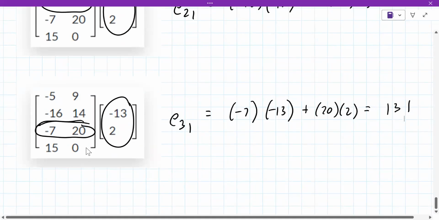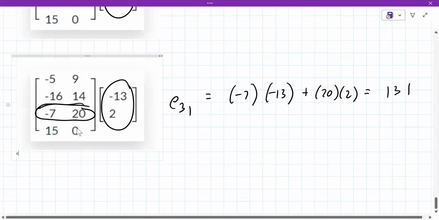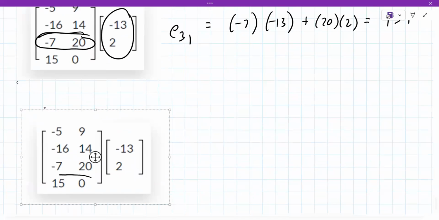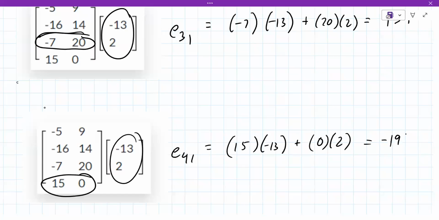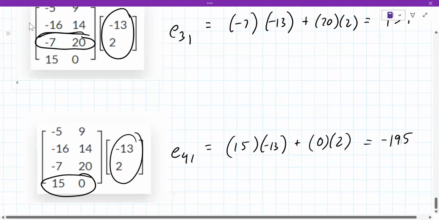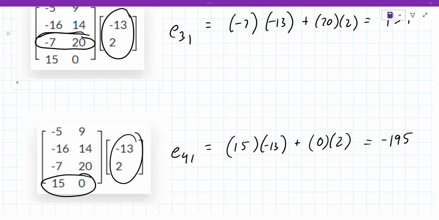And then finally, for the last one, we go fourth row times the first column, E41, is 15 times -13 plus 0 times 2. That's -195. So when it says show your work, that's what it means here.